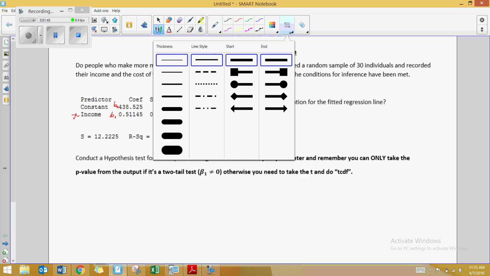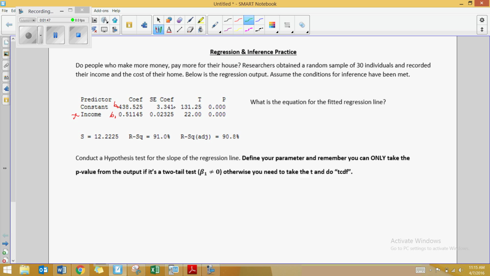Okay, and then some of the other values we've got going on here. I'm going to scribble these out just as a habit because we know that we're going to be testing slope, since the y-intercept for this example doesn't have a real concrete purpose in the real world. So the standard error is going to be our SE.